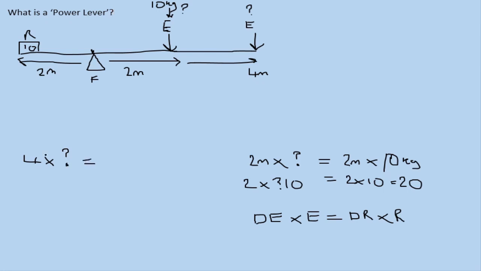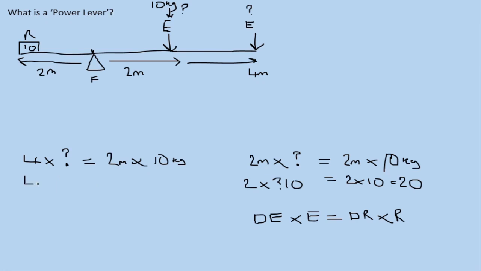But that times this mystery figure is the same as 2, so the distance of the resistance is still 2, and the actual resistance itself is 10. So all I'm doing is plugging in the figures there.